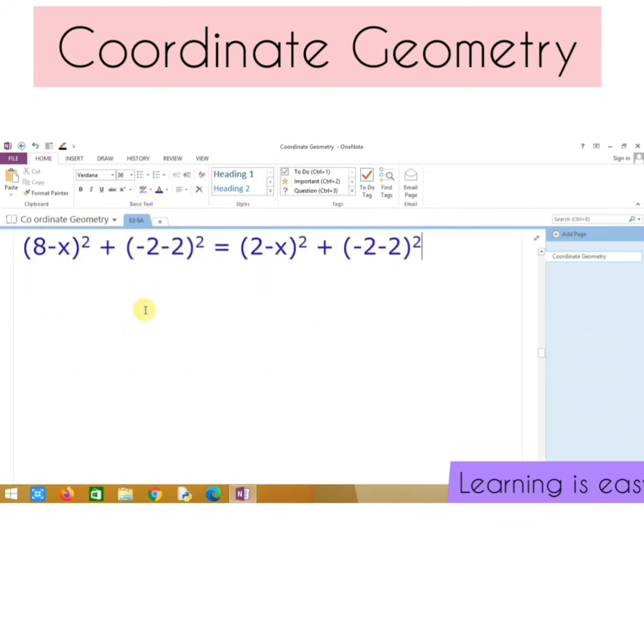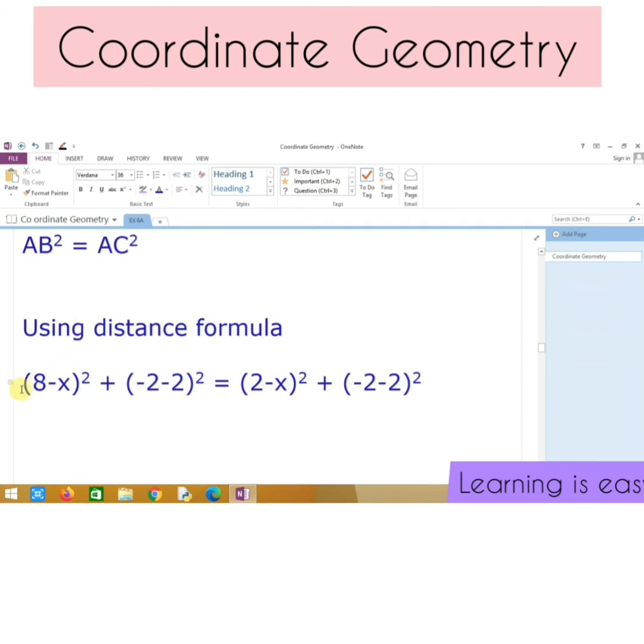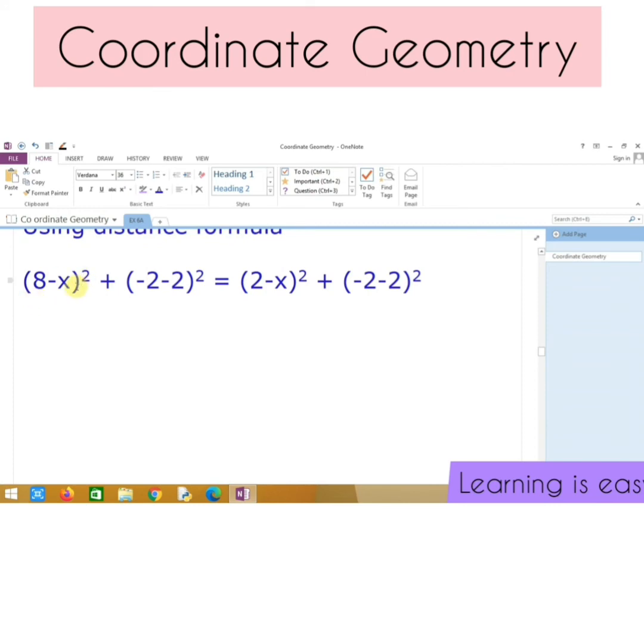So (8 minus x) whole square is of the form (a minus b) whole square. So by expanding the formula, a square minus 2ab plus b square: 64 minus 16x plus x square, plus (minus 4) whole square, which is 16. Equal to (2 minus x) whole square, again in a minus b whole square form.